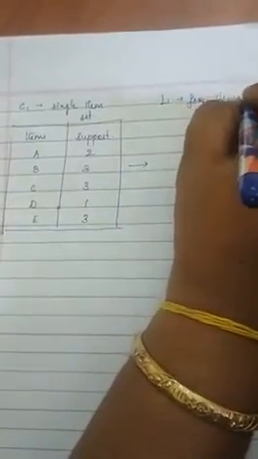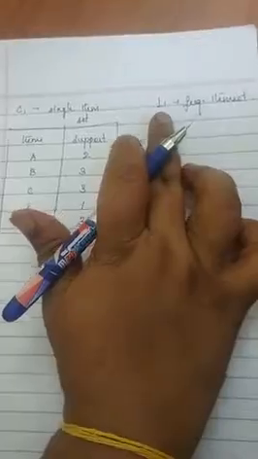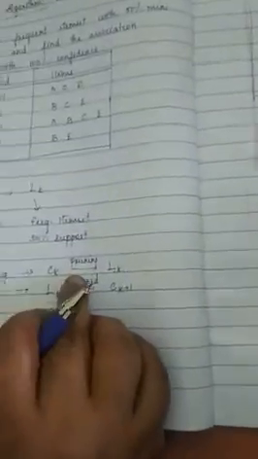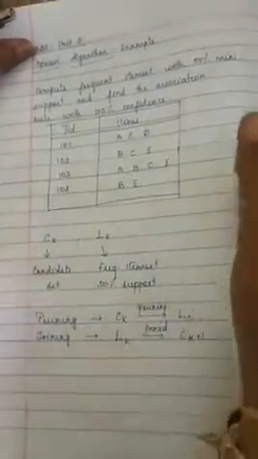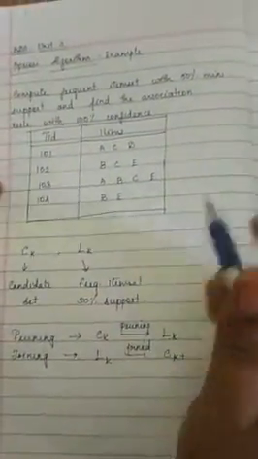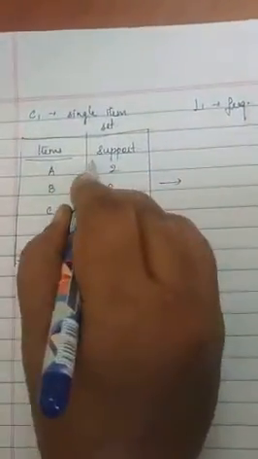As I already told you, to calculate L1 we have to perform pruning. That is, we have to remove the items that do not satisfy the 50% minimum support value. Here it is given as a percentage, but here it is a number, so let's see how to calculate this.